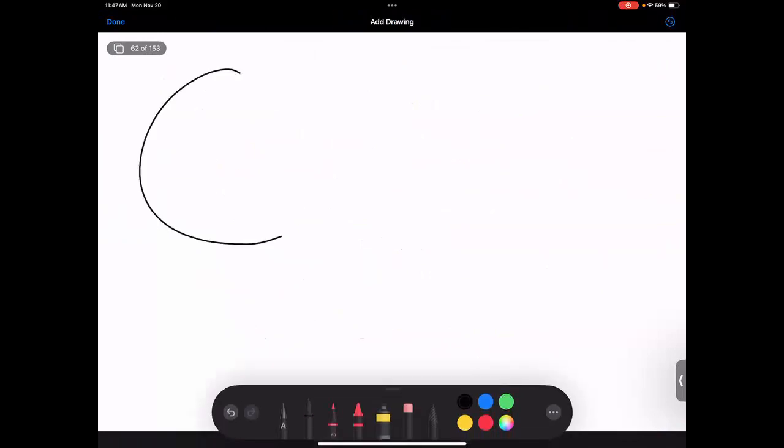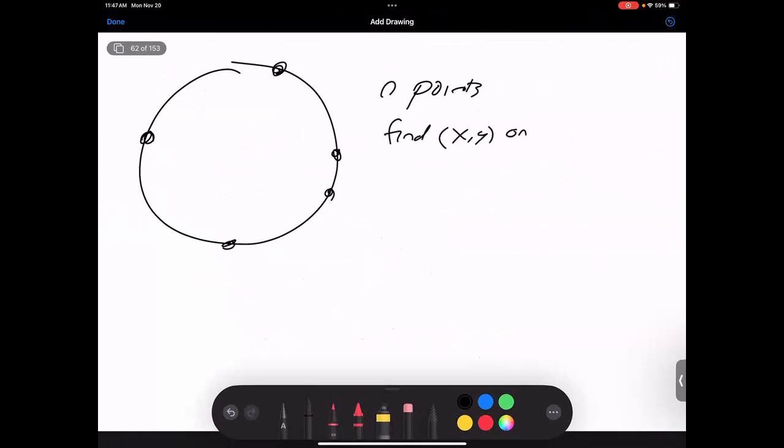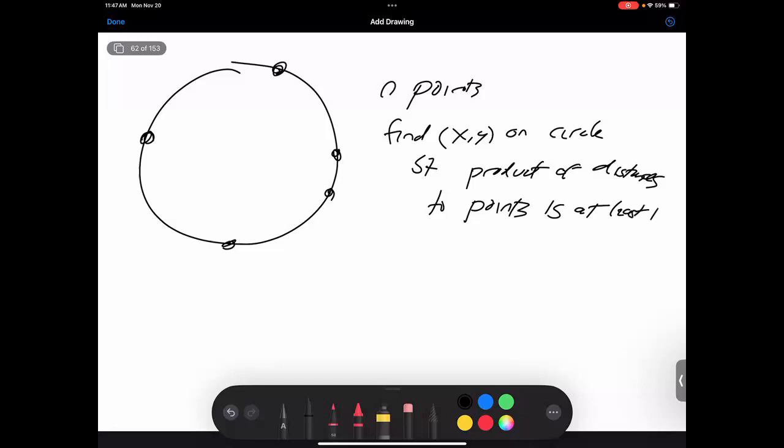We have endpoints somewhere on the circle. Find a point x, y on the circle such that the product of the distances to the points is at least 1, or prove a point exists.